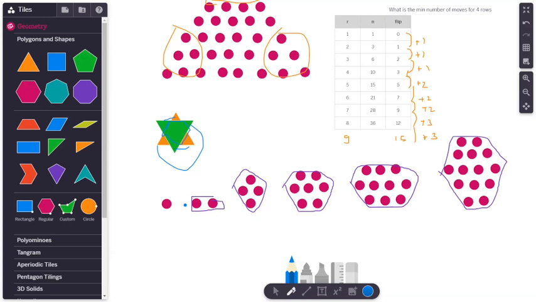Okay, so what I was trying to do is basically one of these rows would be the last row, right? And anything above it has to be moved. And anything below it, there is a pattern in the number.